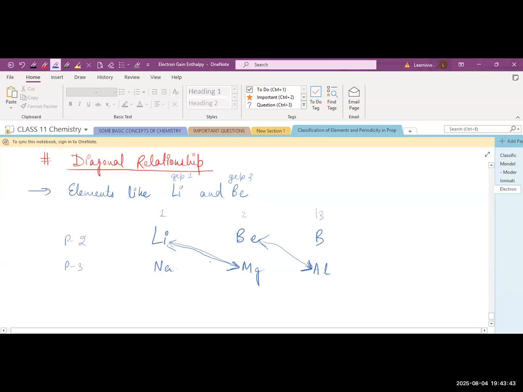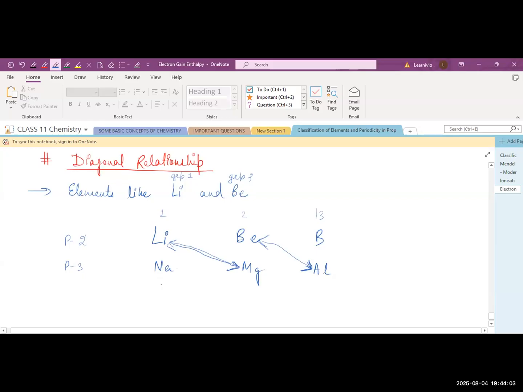So what happens when we move leftward? Size increases, and size also increases as we move downward. I am using the word leftward, not rightward.